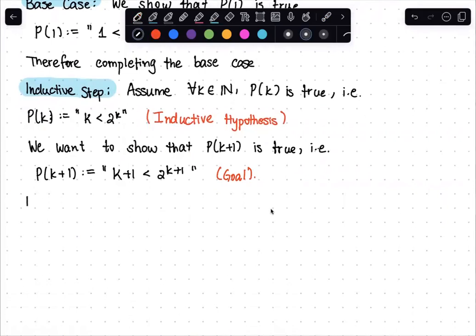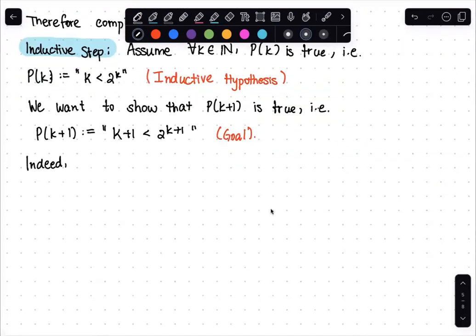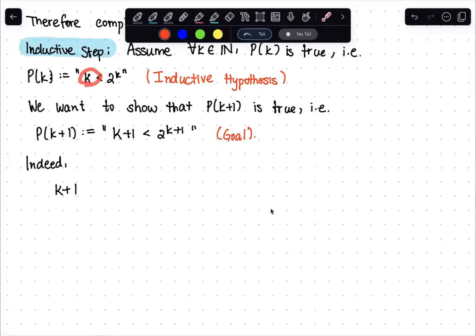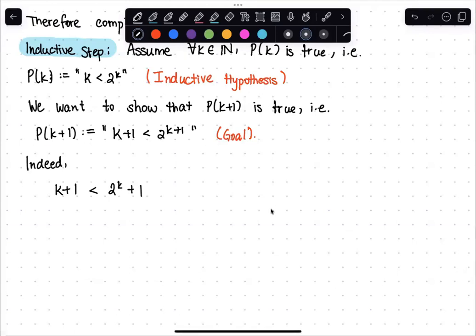If we have a look at the left-hand side, we start with k plus 1. By the inductive hypothesis, because k is less than 2 to the k, that means k plus 1 has to be smaller than 2 to the k plus 1. Another thing we could use is that because 1 is smaller than 2, 2 to the k plus 1 is smaller than 2 to the k plus 2.